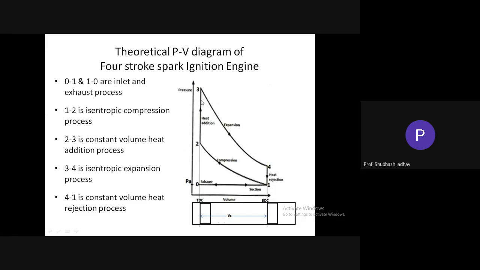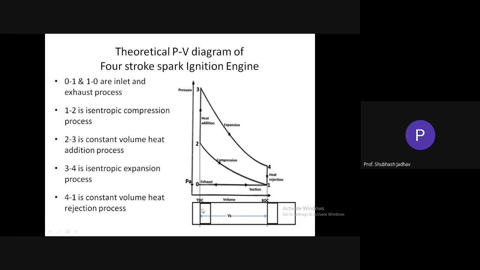Volume is constant. Why? Because the combustion happens momentarily, instantaneously, in a very small, negligible amount of time. So there is no motion of the piston during that. Instantaneously the pressure is increasing from 2 to 3. So we say it is a constant volume process.